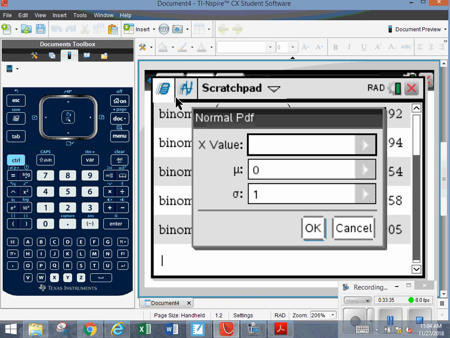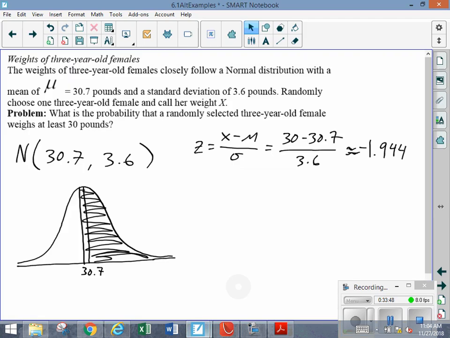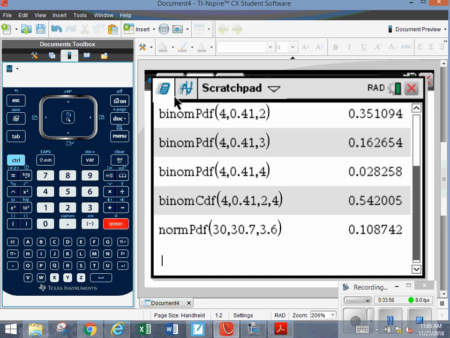Our x value is 30. Our mean was 30.7, and our standard deviation was 3.6. And there we go. We get an area of 0.109.